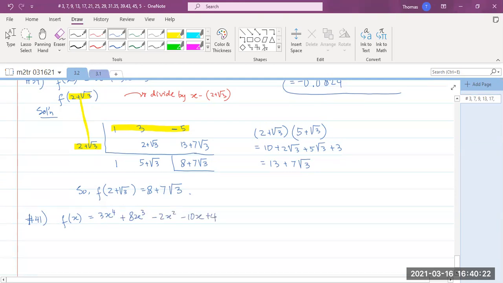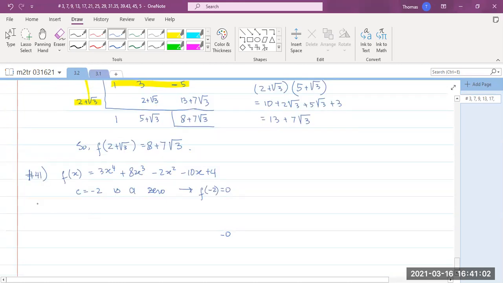And we want to show that c equals negative 2 is a 0. Give me a second. I don't know what happened with my note. That implies f of negative 2 equals 0, right? Now, to show that f of negative 2 is 0, what we can do is show the remainder is 0.